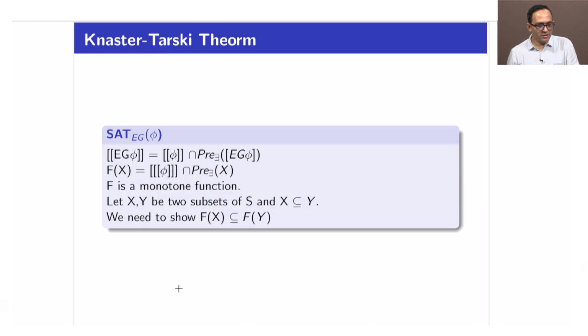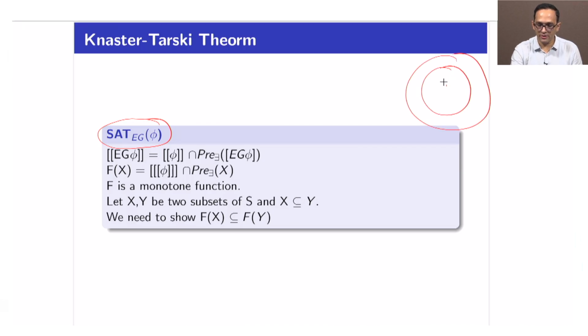Now, quickly let us show this by taking one of these, SAT EG. If you remember how we do SAT EG, I start with all the states, and then I identify the states where phi holds, and where there is at least one next state where EG phi holds. Then I keep only those.